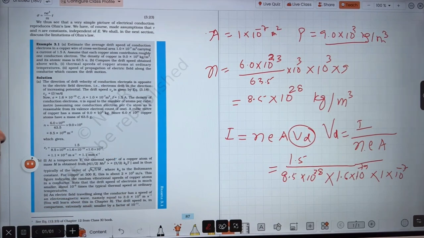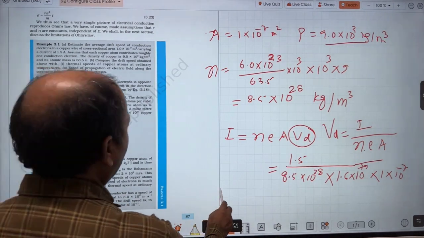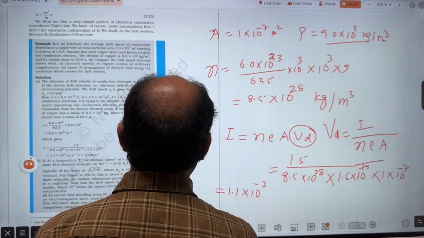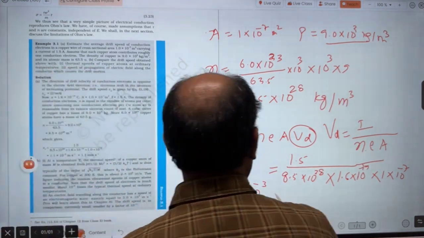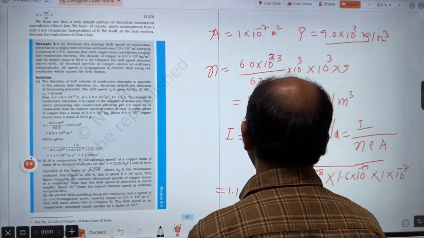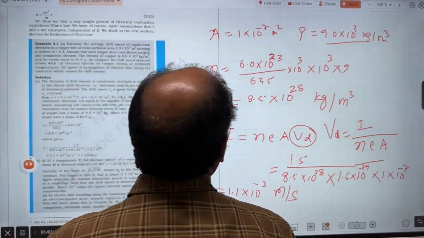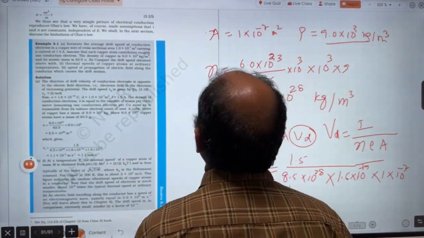So we can evaluate it. It will come out to be 1.1 into 10 to the power minus 3 meter per second. So we have got the drift speed by using the formula.